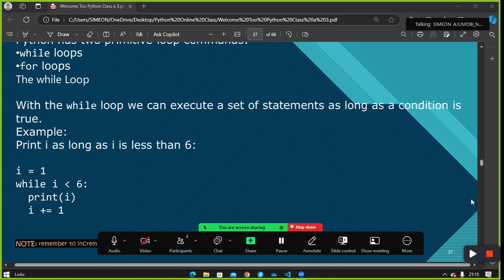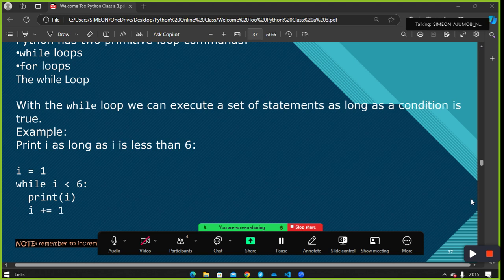I want to say while number is less than or equals to 10, then I will increment my number: number plus equals 1. Now I want to give it a continue condition.